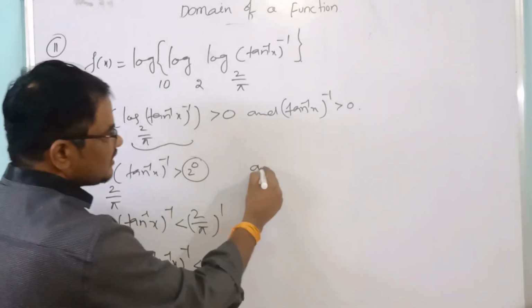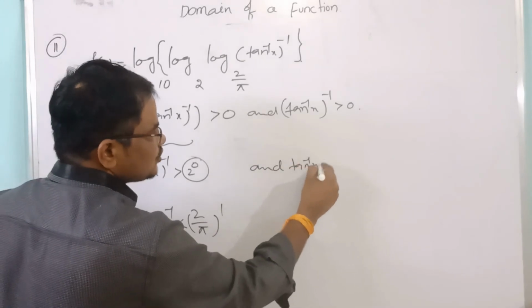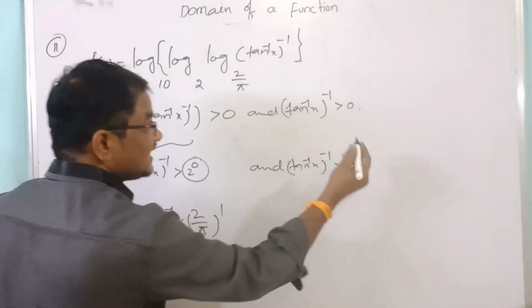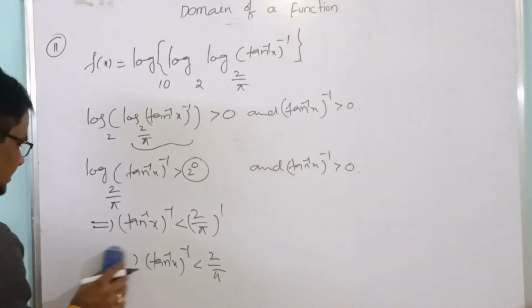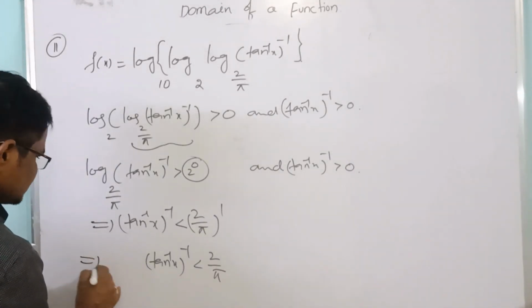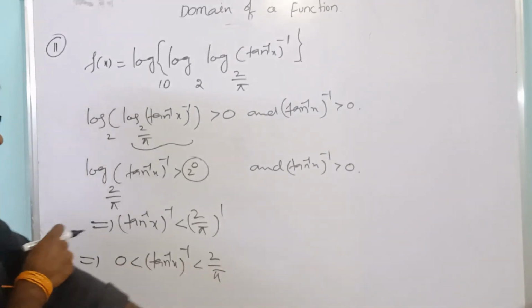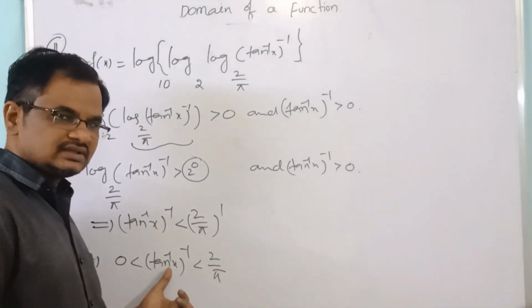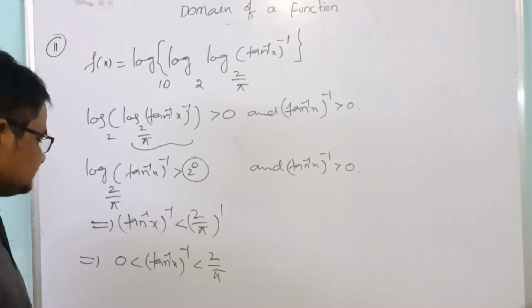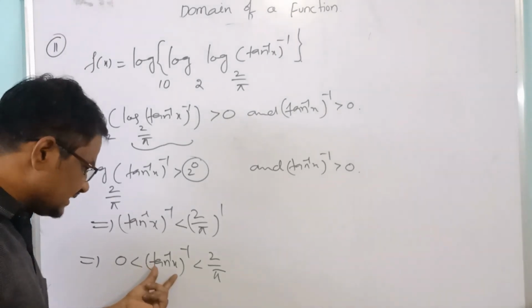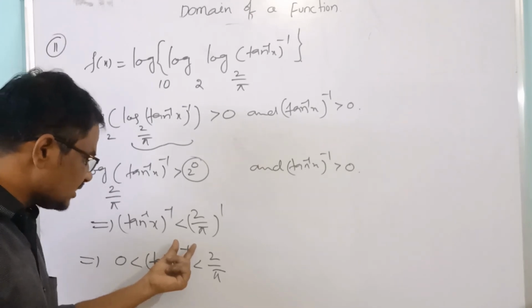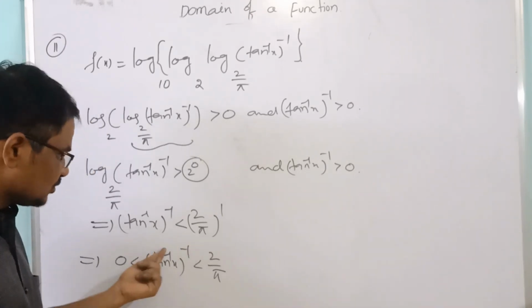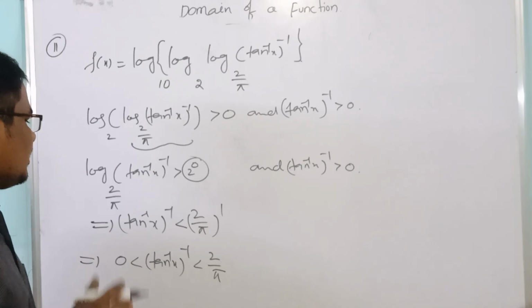But here what is there? Tan inverse x whole power minus 1 greater than 0 is there, right? And now that's why here what we have to write is 0 less than tan inverse x whole power minus 1, less than 2 by pi, right? Now, we can't write this as 1 by tan x, right? This is tan inverse x, this is 1 by tan inverse x. So don't multiply these two.